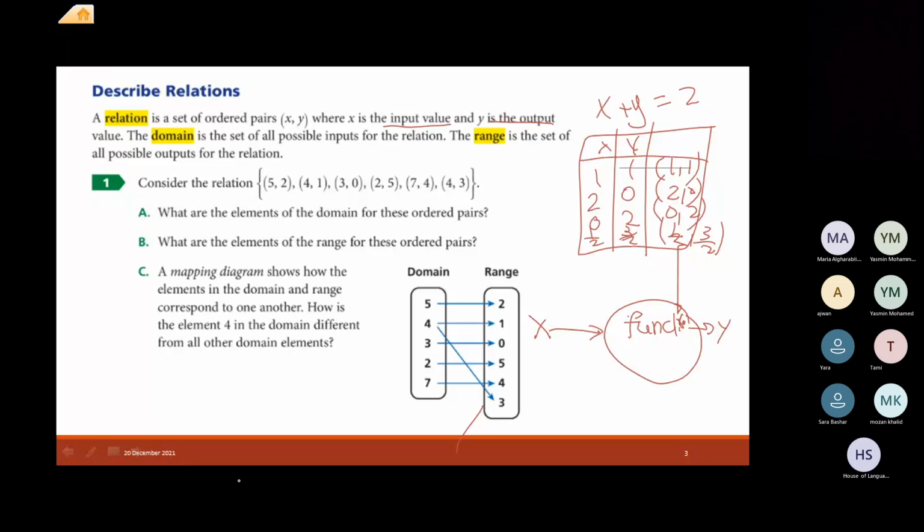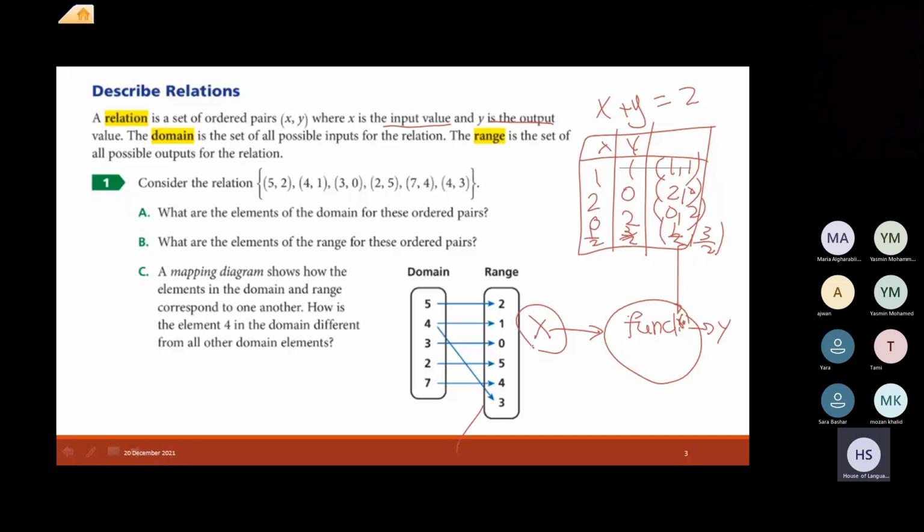Output. Now let's see. Here we have these ordered pairs. The values of x, we call the domain, and the values of y, we call the range. The domain is x, the range is y. So let's repeat.